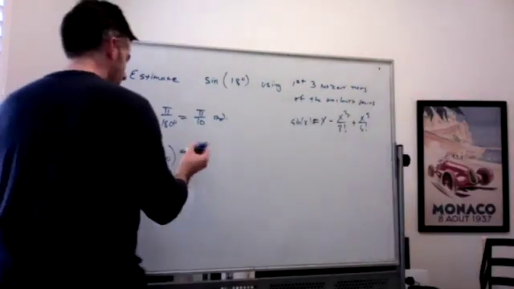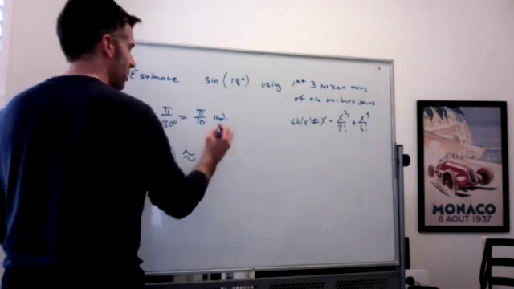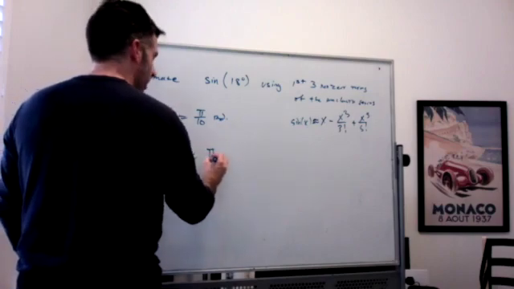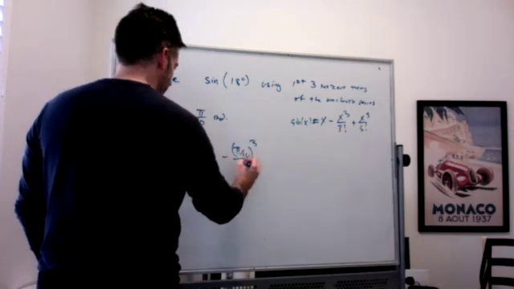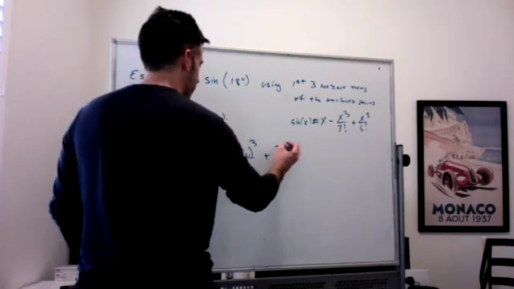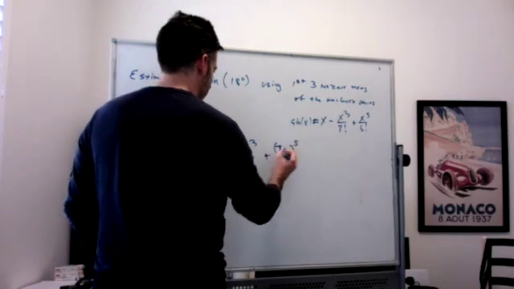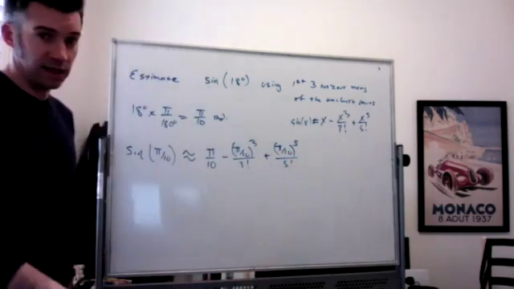So this would be approximately pi over 10 minus pi over 10 cubed over 3 factorial plus pi over 10 to the 5th over 5 factorial. No one wants to actually figure out what that is.